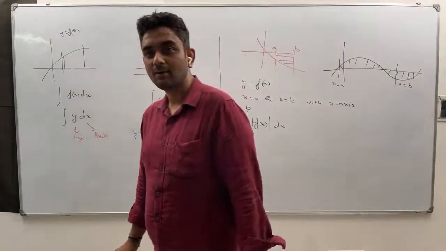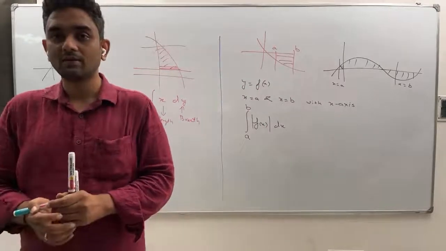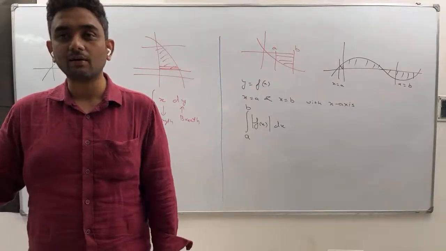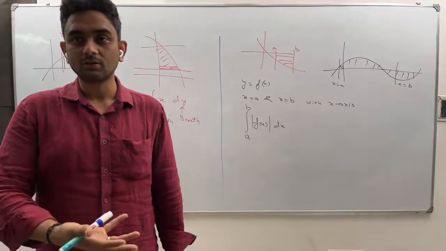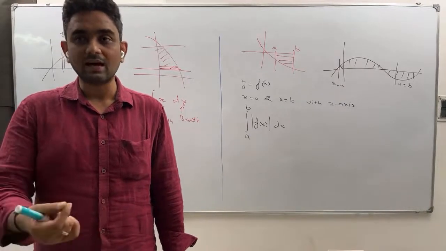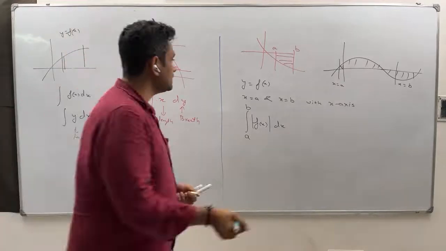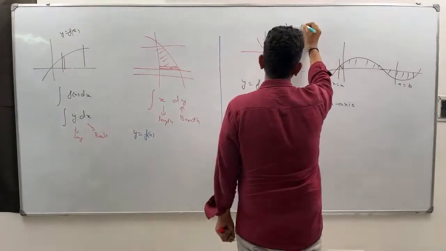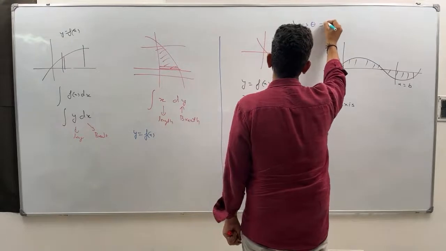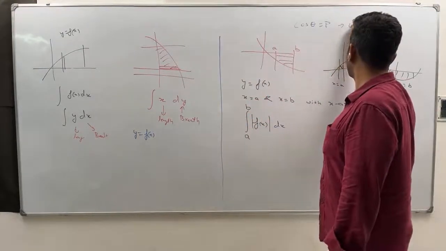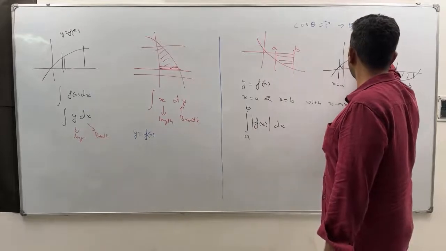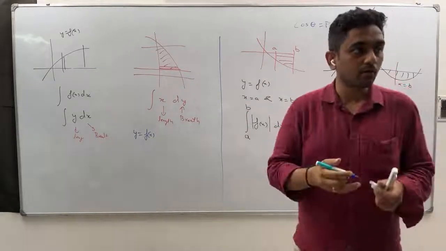See, inverse function is opposite of that. For example, we studied sine inverse, cos inverse. Let's say cos theta is equal to p, so what will be theta? Cos inverse p. So it's the other way around.